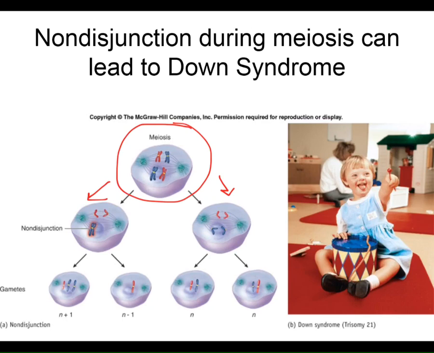And when it divides, it's only going to have half as many chromosomes, so we call it haploid. Typically, all the chromosomes would equally divide and go to one side or the other. In this case, look what happened. These two chromosomes, rather than separating, went together. So that means that this gamete, egg or sperm, carries, in this case, an extra 21st chromosome.